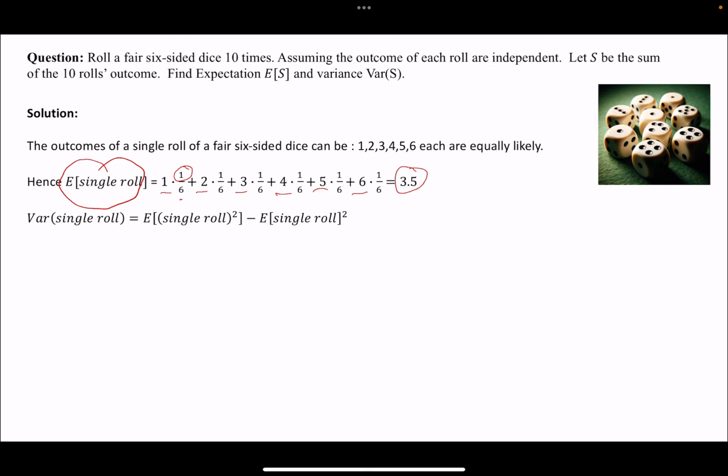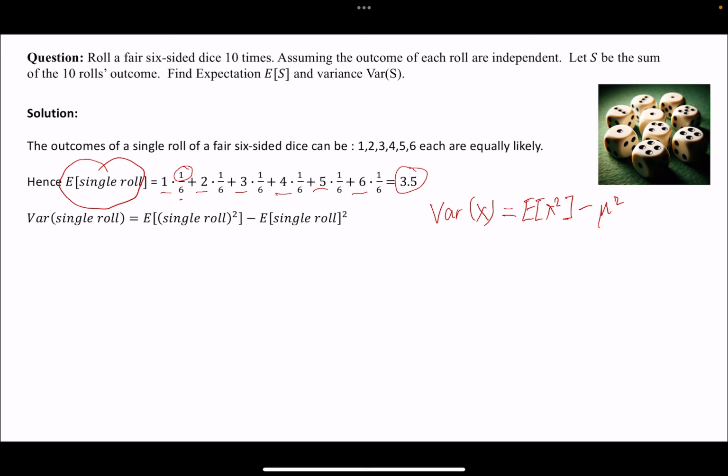Then we can calculate the variance of a single roll. We can easily use the formula: variance of X is equal to the expectation of X squared minus mu squared.